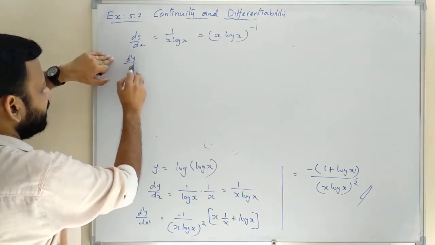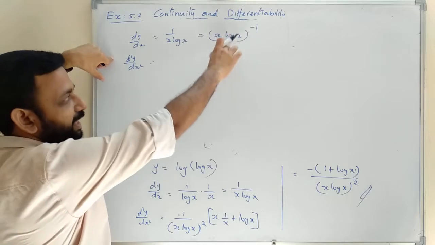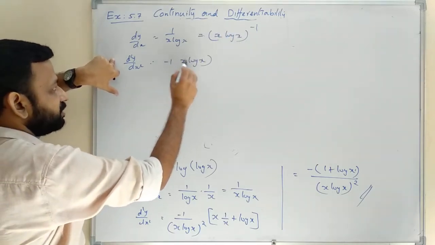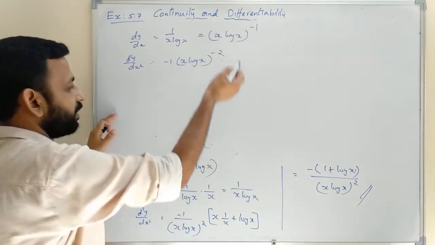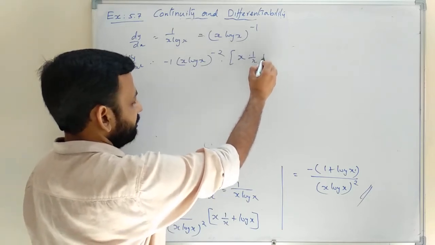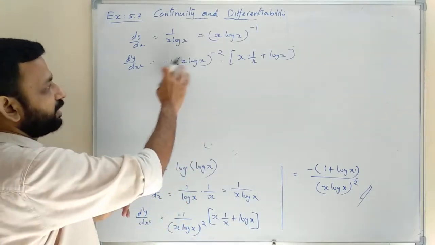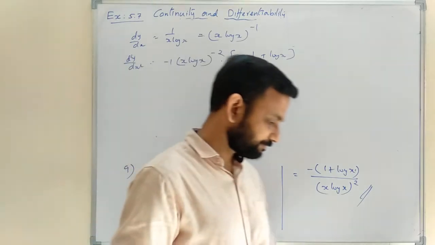Then d square y by dx square is equal to d by dx of x log x raised to the power minus 1, that is minus 1 into x log x raised to the power minus 2, into the product rule. Same, x into 1 by x plus log x. So we got the same expression here, minus 1 upon x log x whole square. The answer will be the same.